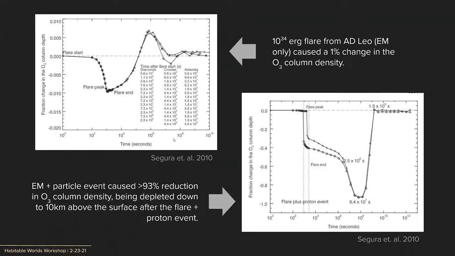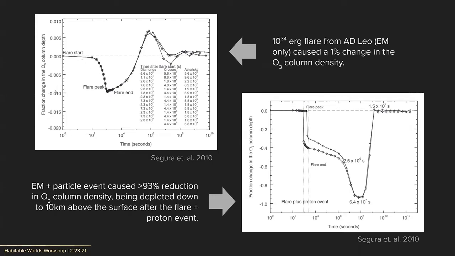So Segura 2010 goes into what happens when both flares and particle events impact an atmosphere. In this plot in the top left, we see a flare from AD Leo, which is a very well-studied M-dwarf star, impacting a modern Earth-like planet.